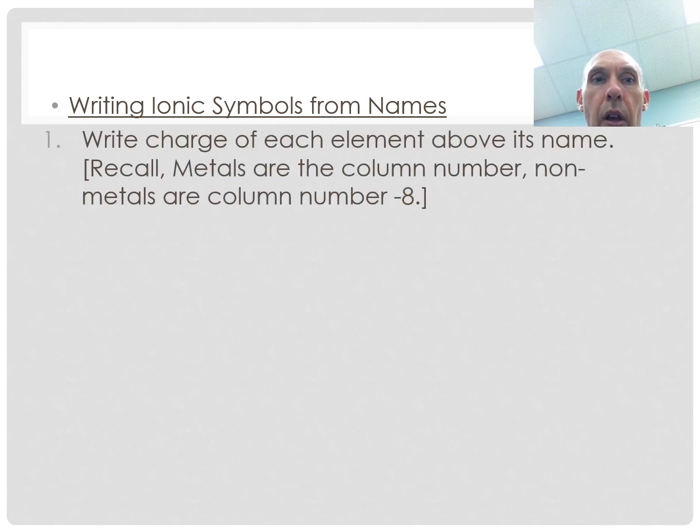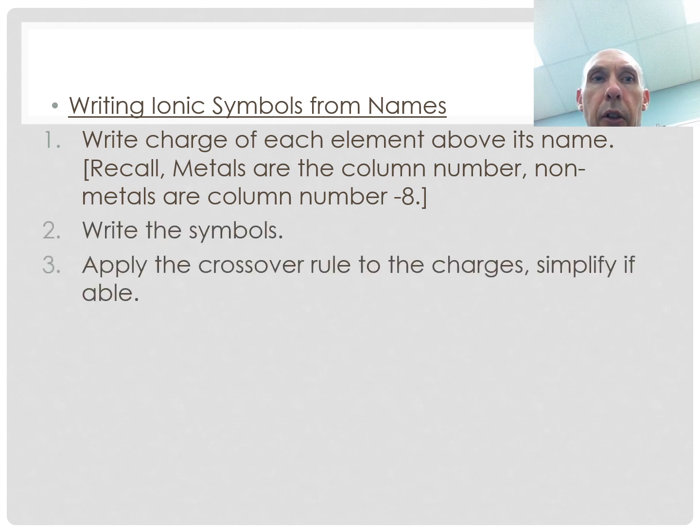When we're going to write the symbols, you write the charge for each element above its name, you then write the symbol, then you apply the crossover. Those charges come from either the column number for the metal or the non-metal column number and then subtract 8 to get the negative charge. So calcium bromide.